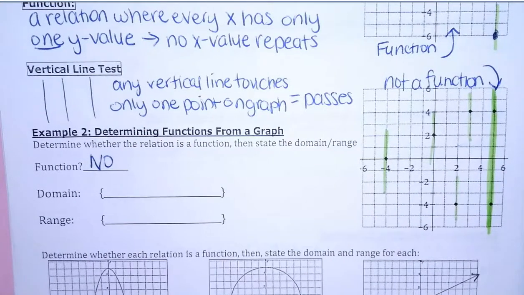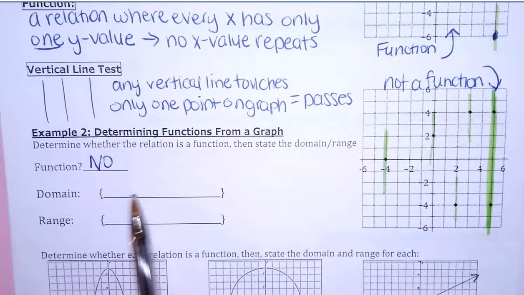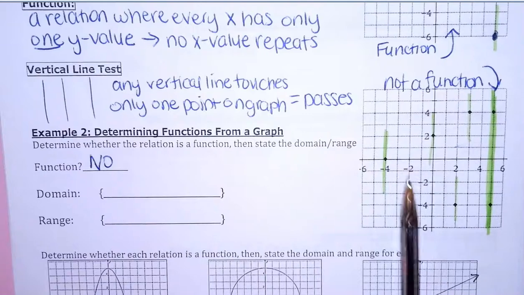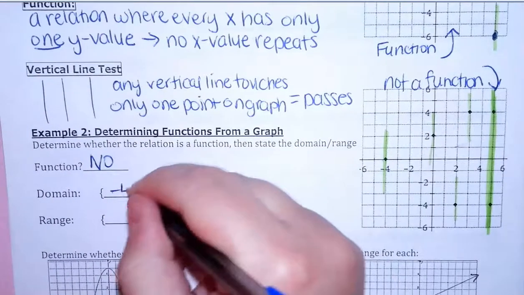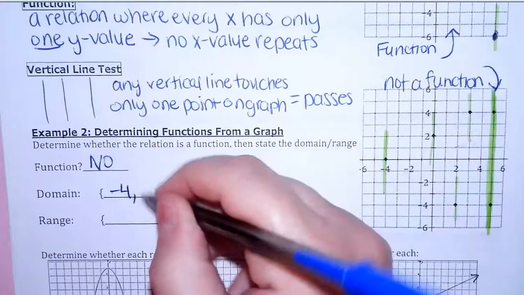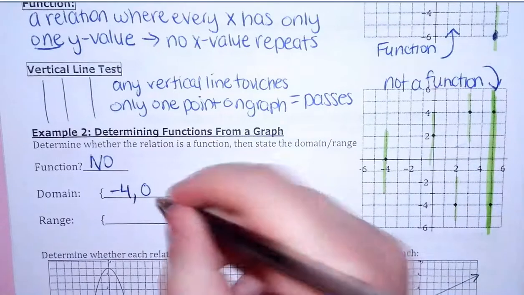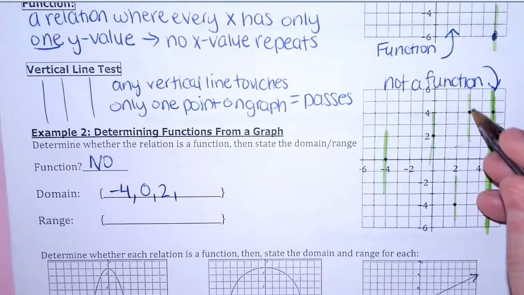Now, just because it's not a function doesn't mean we can't identify the domain and range. So domain here, I'm just going to go across the graph and grab the x values. So like here I've got an x value of -4, here the x value is 0. Here the x value is 2. This one's 3.